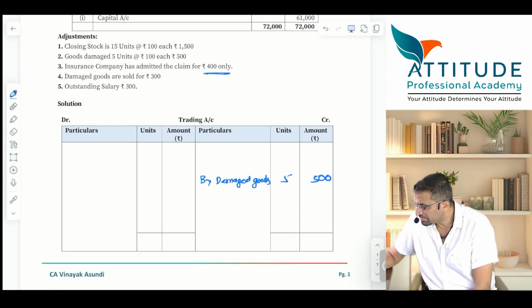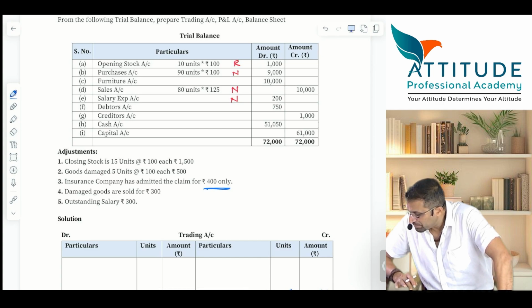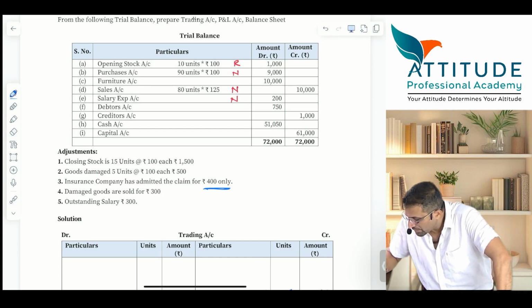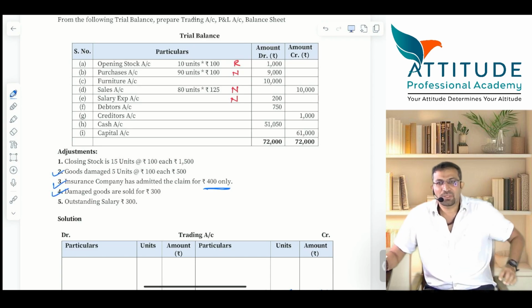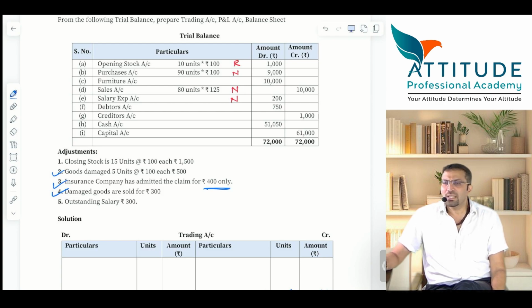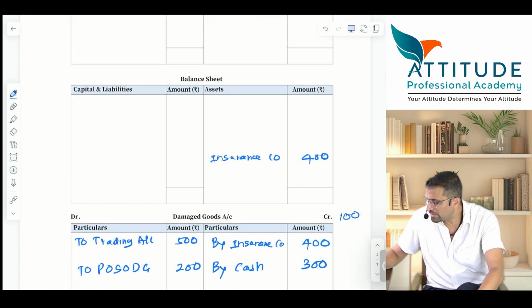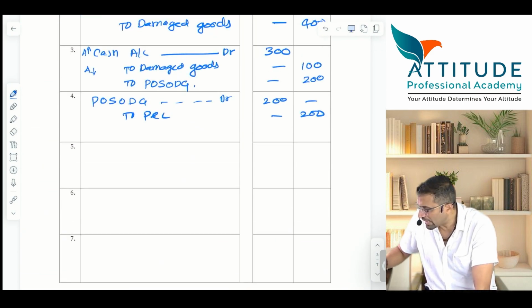Now, sir, I am done with damaged goods. Now tell me, this entry is done, this is done, this is done, this is done. Outstanding salary. Outstanding salary का entry बोलो. Outstanding salary means salary is incurred but not yet paid. Entry बोलो.